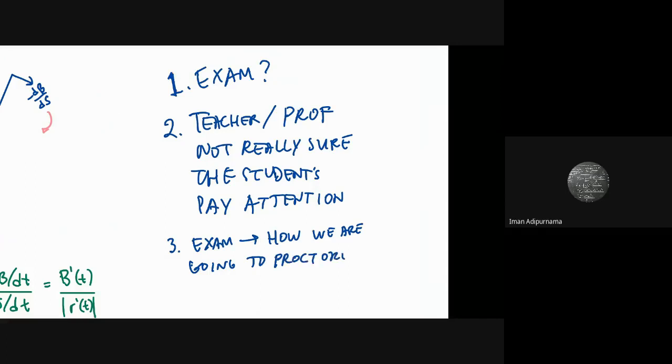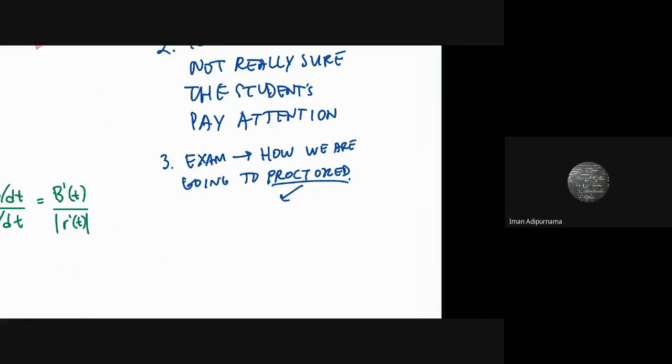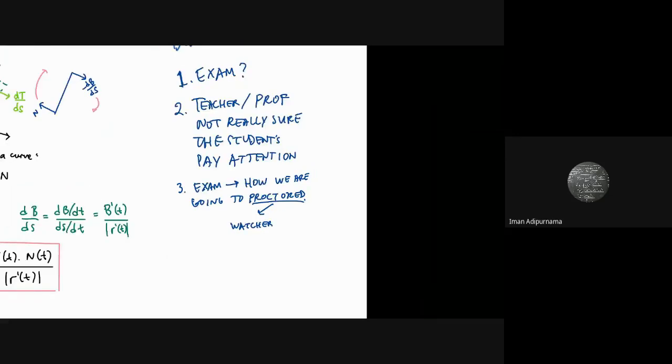I'm not sure you have heard this word before, but what it means is usually you need a watcher in the class to watch over you during the exam. But how are we going to do that? Because I'm not there in your room, right? I cannot see your work. I cannot see how you are going to finish your work. Okay, so here's the deal. Okay, so my solutions.